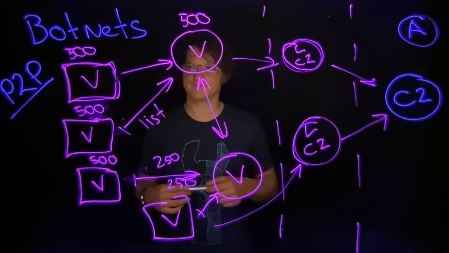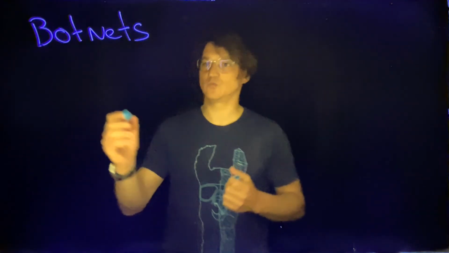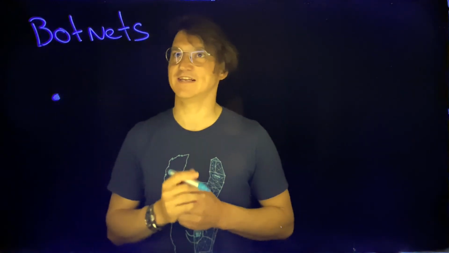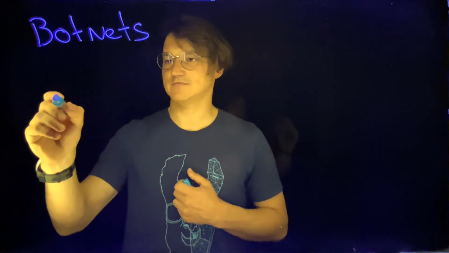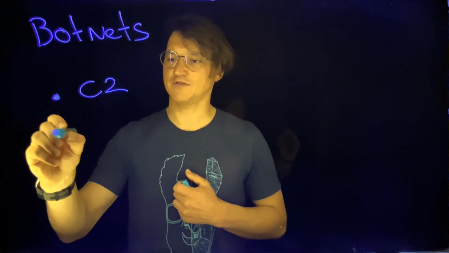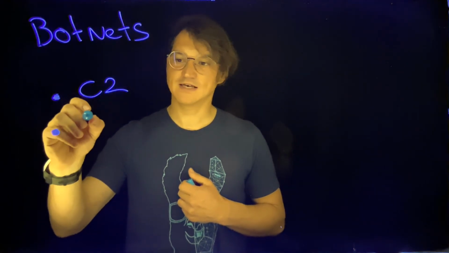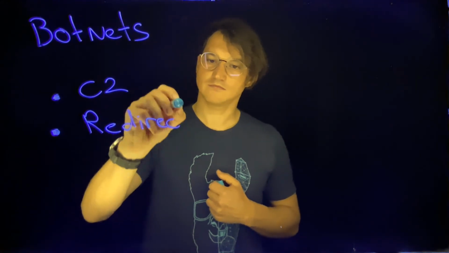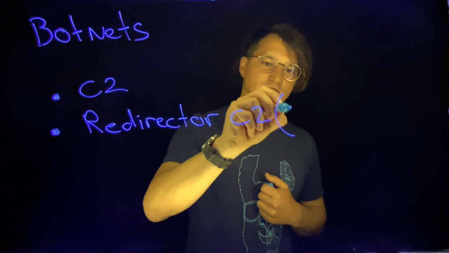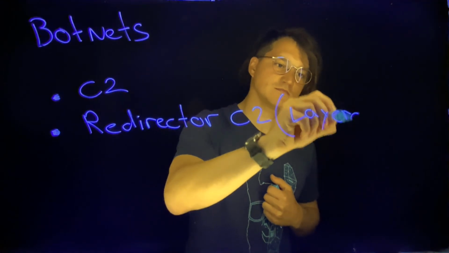Okay, so to conclude, we discussed that the period of 2005 to 2010 was an explosive and innovative period of botnet development. There were simple, just C2 botnets. Then it evolved to, let's call it, a redirector, being fancy and modern, or another layer of C2.